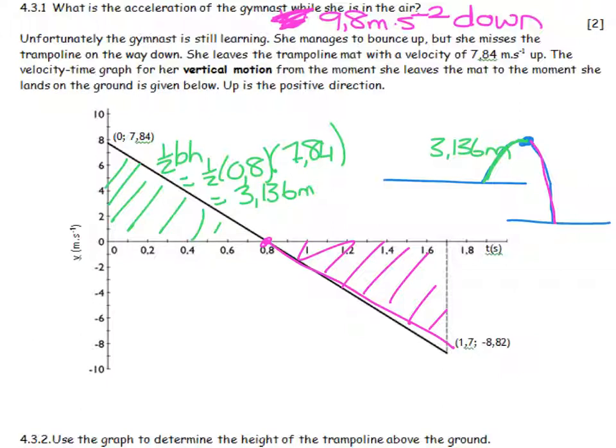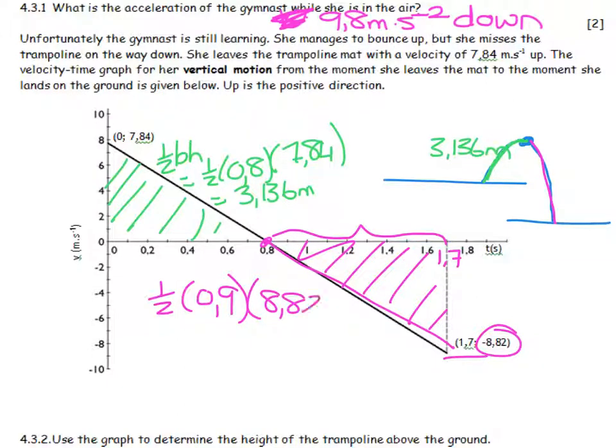That's her displacement for her downward journey. So I'm going to say half of base times height, and the base here is 0,8 to 1,5, which is 1,7, right? 0,9 multiplied by a height of 8,82. And I land up with 3,969 meters.